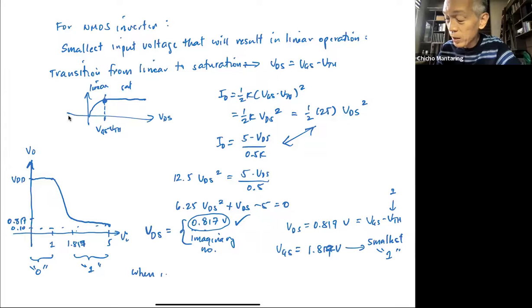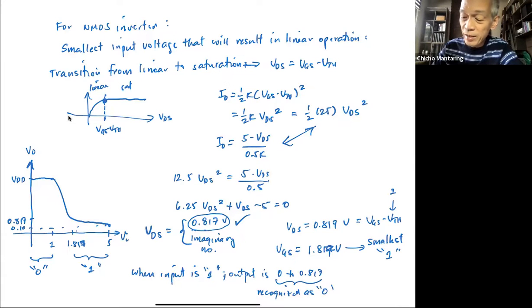When input is 1, output is anywhere from 0 to 0.817, and this is recognized as a 0. Because my 0 is between these two. Any questions?